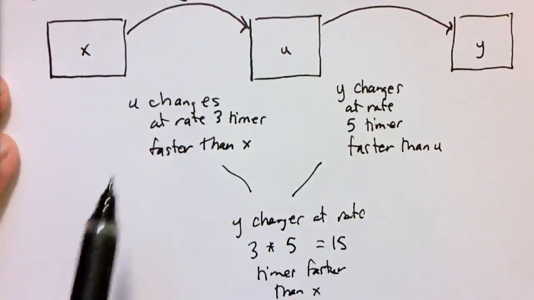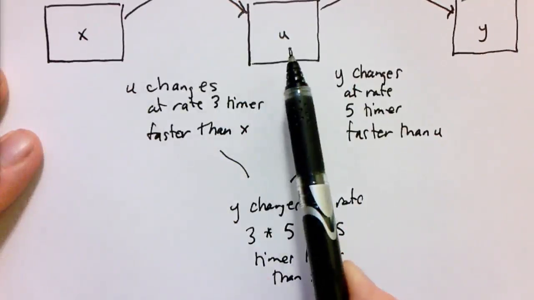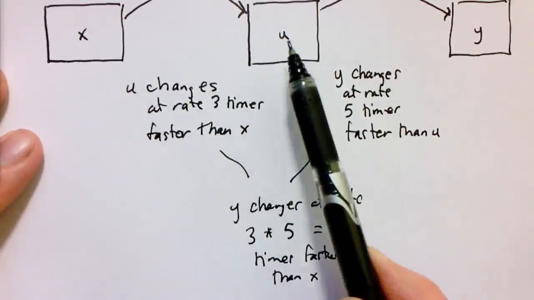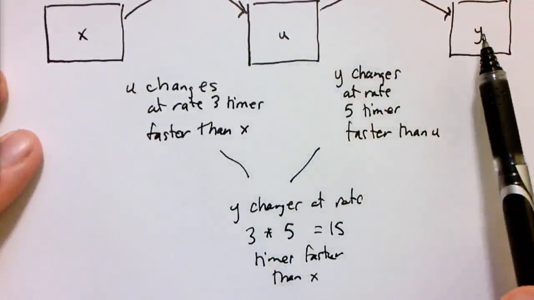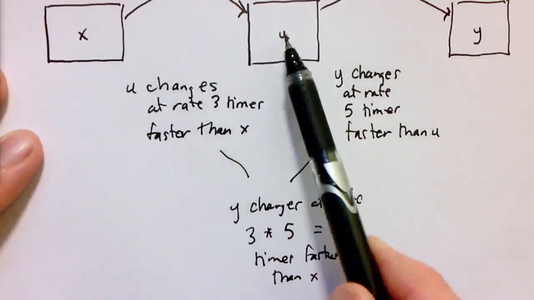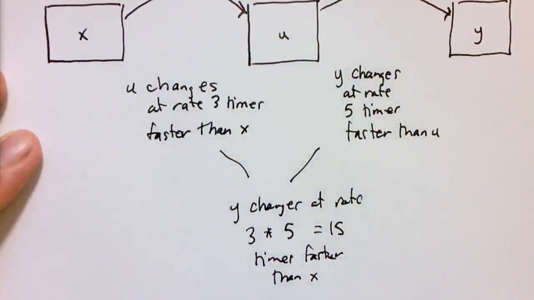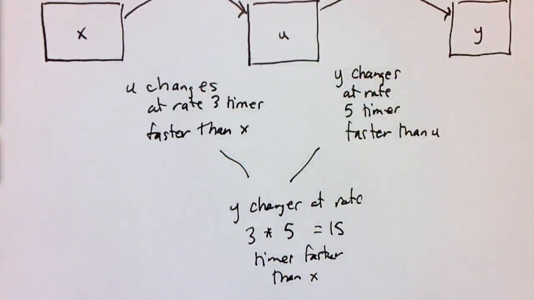So for every unit change in x, I get 3 changes in u. And for each change in u, I get 5 changes in y. So 1 goes to 3, those 3 get multiplied by 5 to give 15. That's the chain rule. All right, let's see it in terms of symbols here.